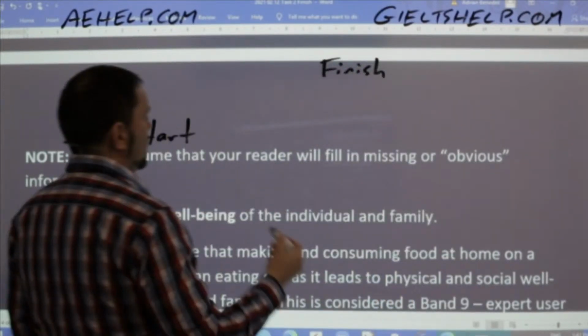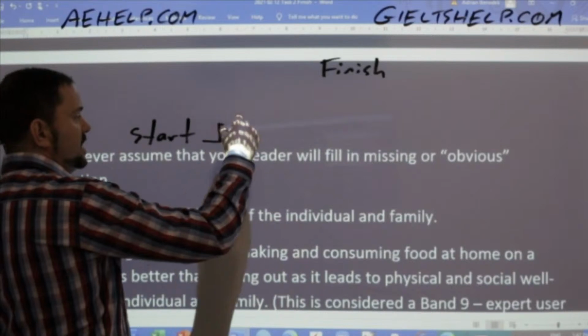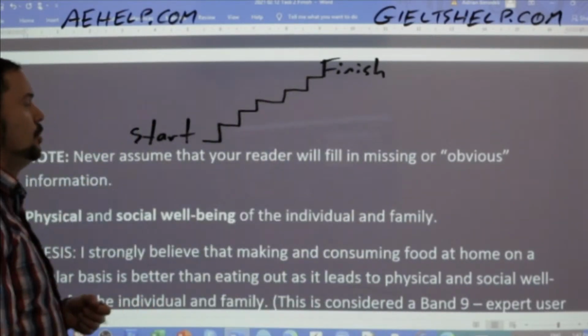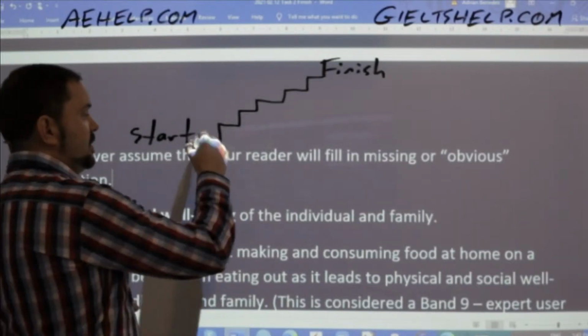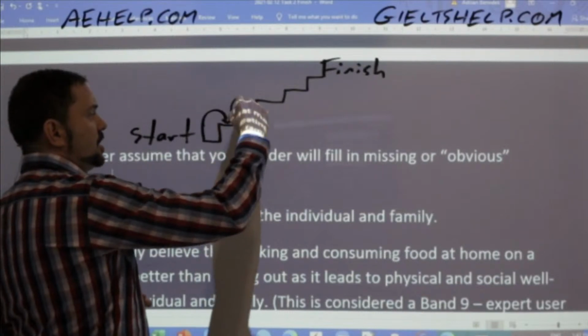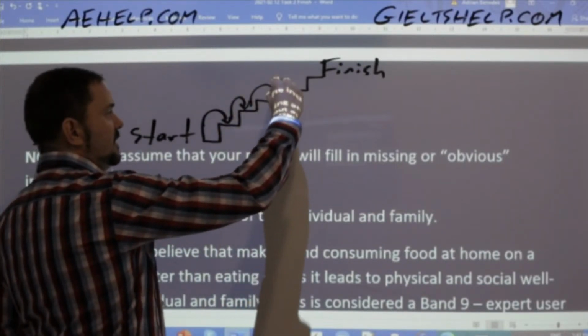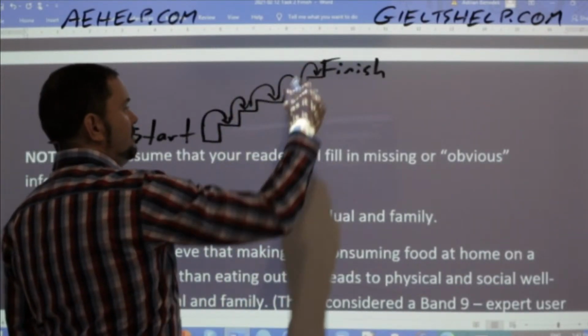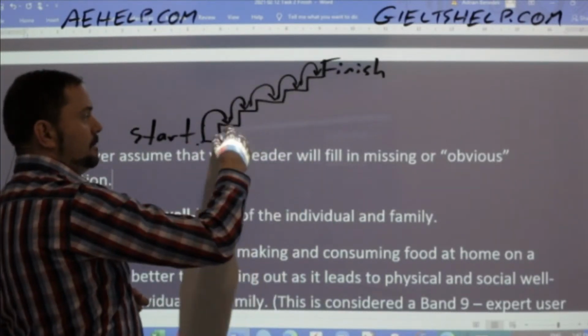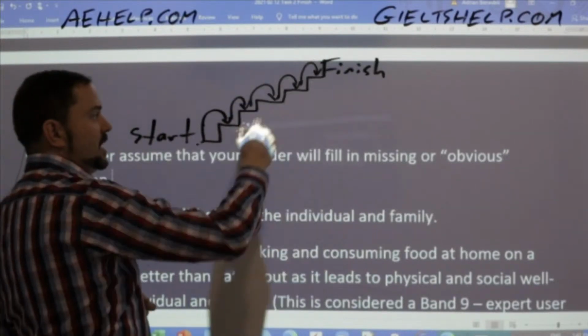Okay, and it's kind of like a staircase. So your goal as the author is basically to lead your reader logically through a process of ideas and have them very nicely move from start to finish up each stair on the staircase.